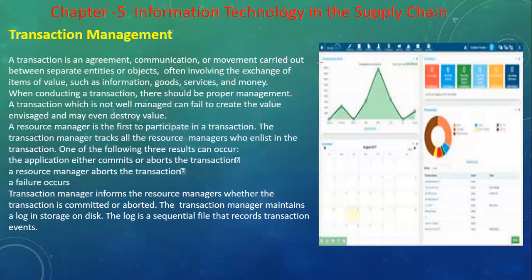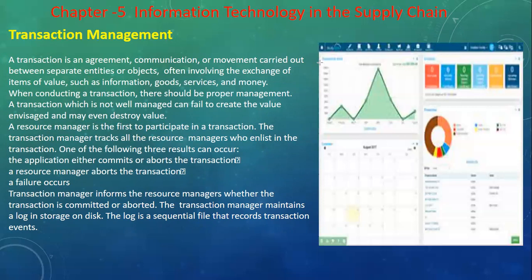Then the next level is, if the goods are available, immediately dispatch to the customer so that the customer will be satisfied that the goods are delivered in time. Okay, so this information is passed through the system so that there are no mistakes and no aborts come in the transaction process.